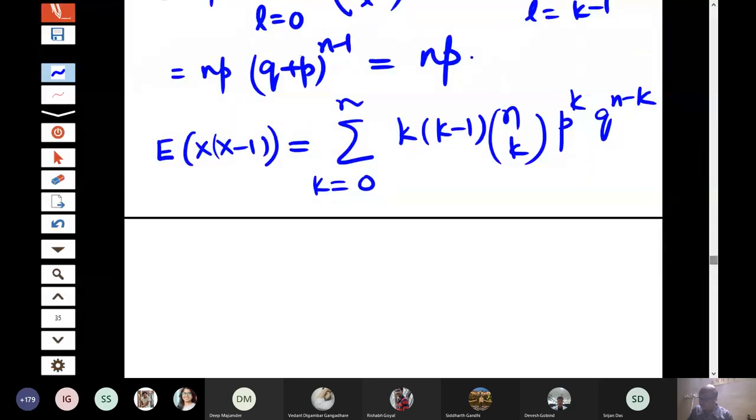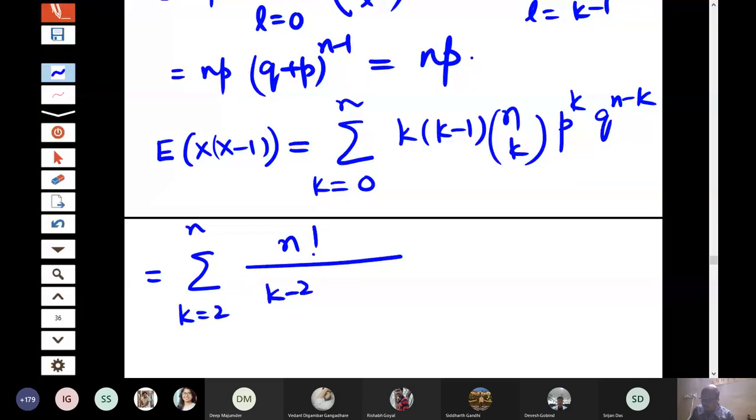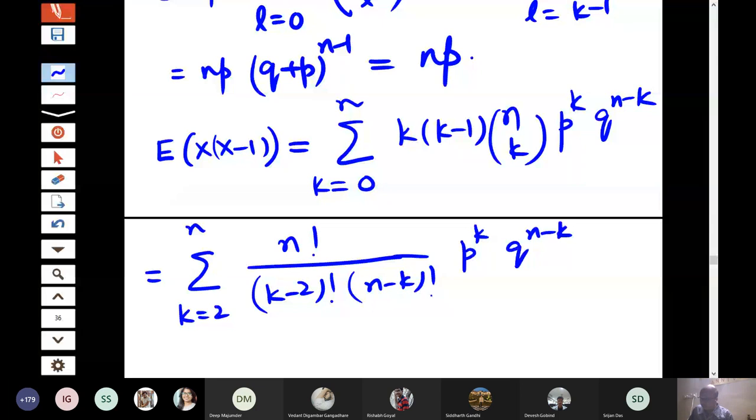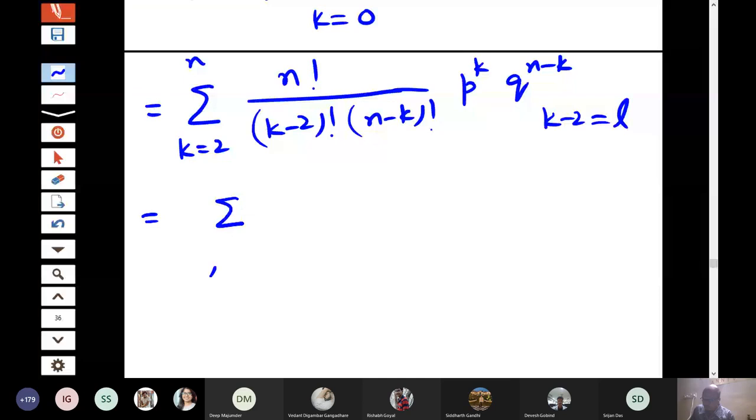So this is nothing but the sum for k equal to 2 to n of n factorial divided by (k minus 2) factorial (n minus k) factorial, and you have p to the power k, q to the power n minus k. Now I put k minus 2 equal to L, then this becomes the sum for L equal to 0 to n minus 2.